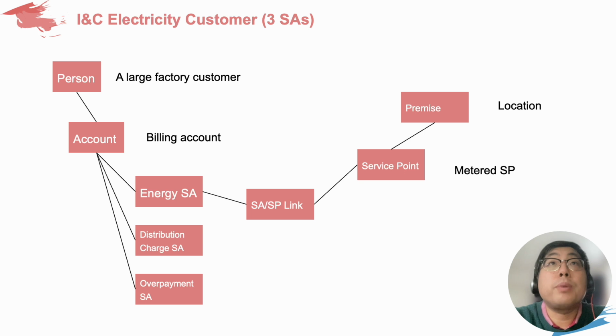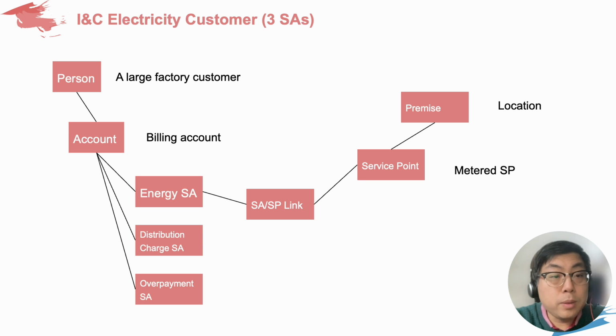So we start with person, which could be a large factory, and account is billing account, and then have three service agreements: energy SA, distribution charge SA, and overpayment SA. Now, energy charge SA is based on the consumption on the service point. So it will be linked to a service point where service point is under a location which is a premise in the system.